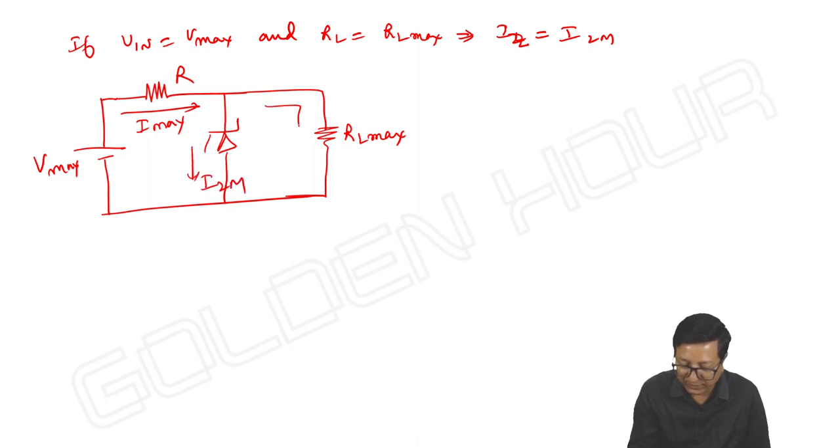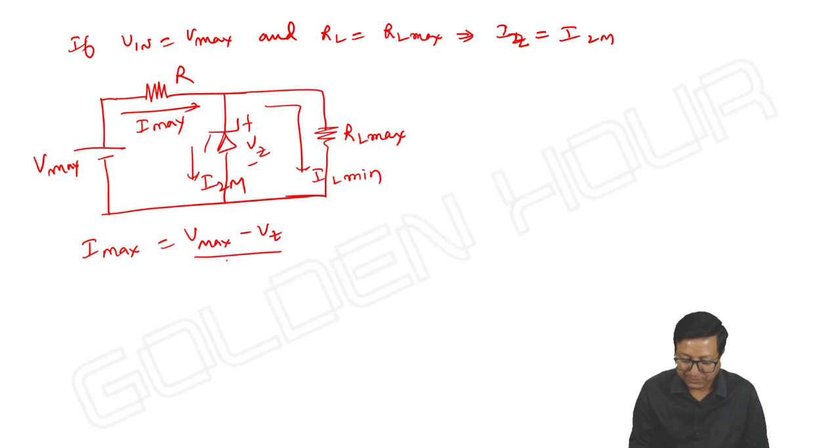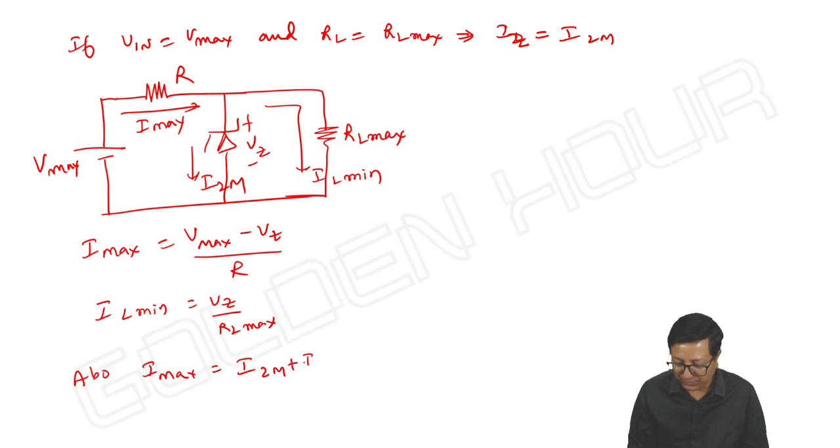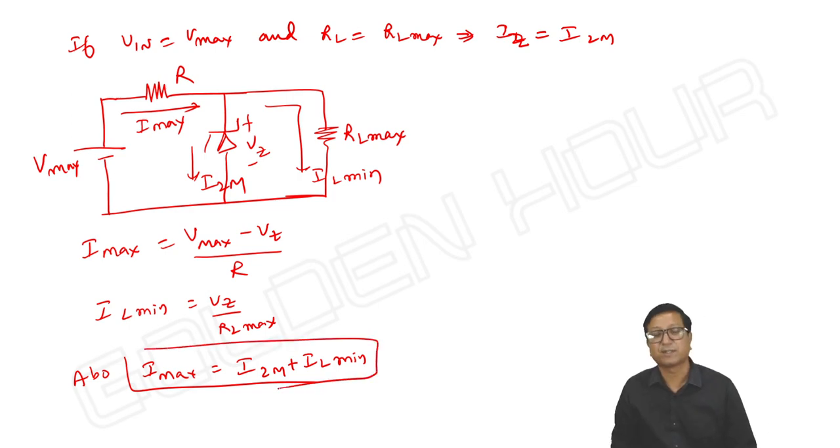Current through the Zener diode is IZM and it is IL minimum. That's it. So I max is equal to Vmax minus Vz by R, and IL minimum is equal to Vz by RL maximum, and also I max is equal to IZM plus IL. This is interesting. Okay.